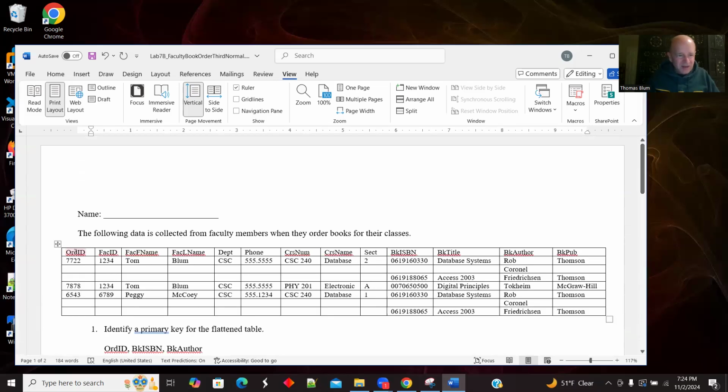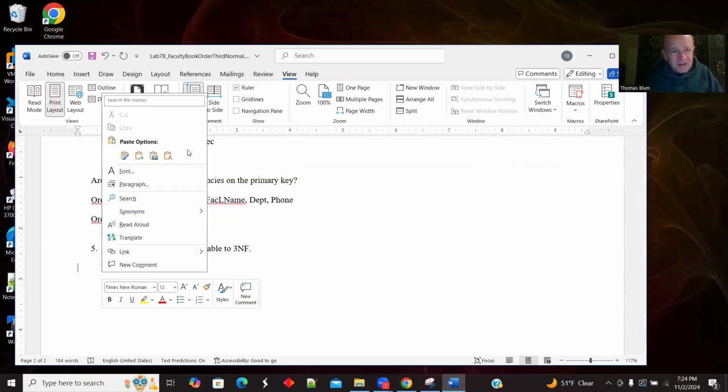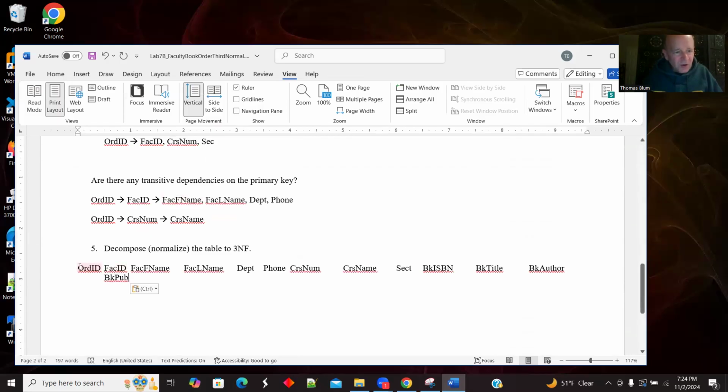So let's see if I can grab this top line up here and paste it as text. So here's my original table. I'll just say original, and it had order ID.